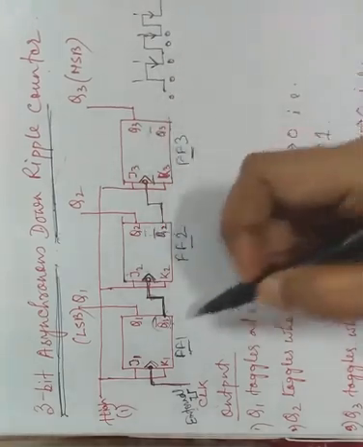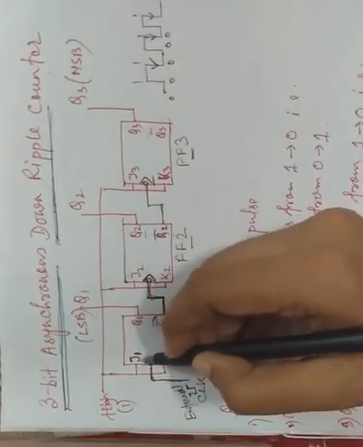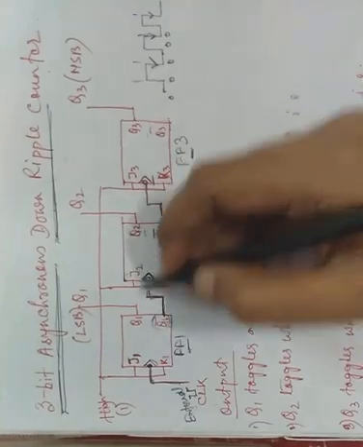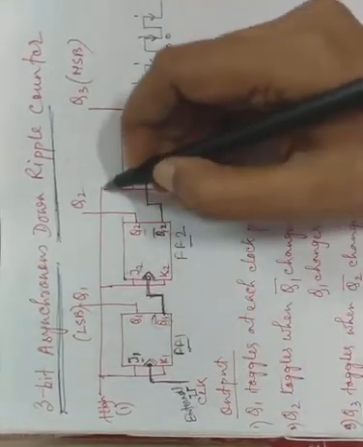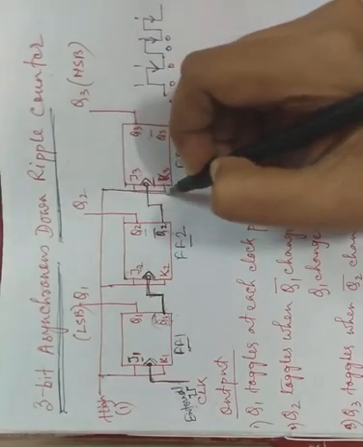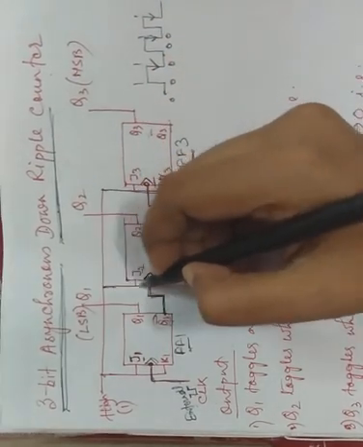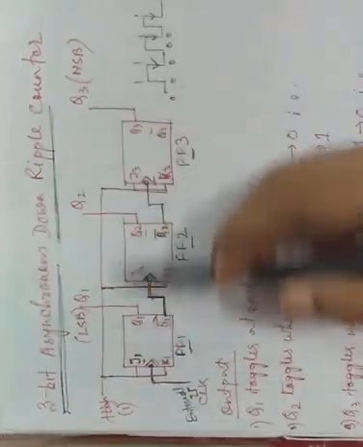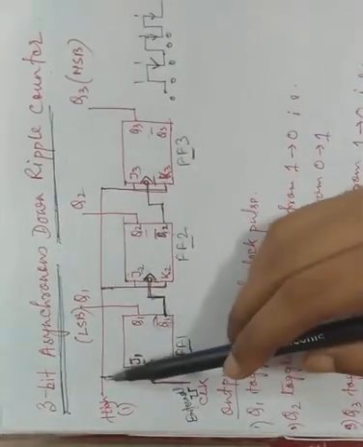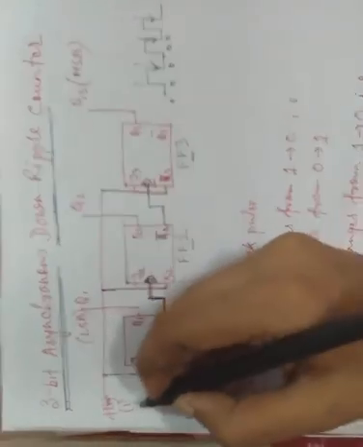And another thing is the input of every flip-flop, J1 K1, J2 K2, J3 K3. Every flip-flop gets its input from a high external input signal, all the time, and its value is 1.